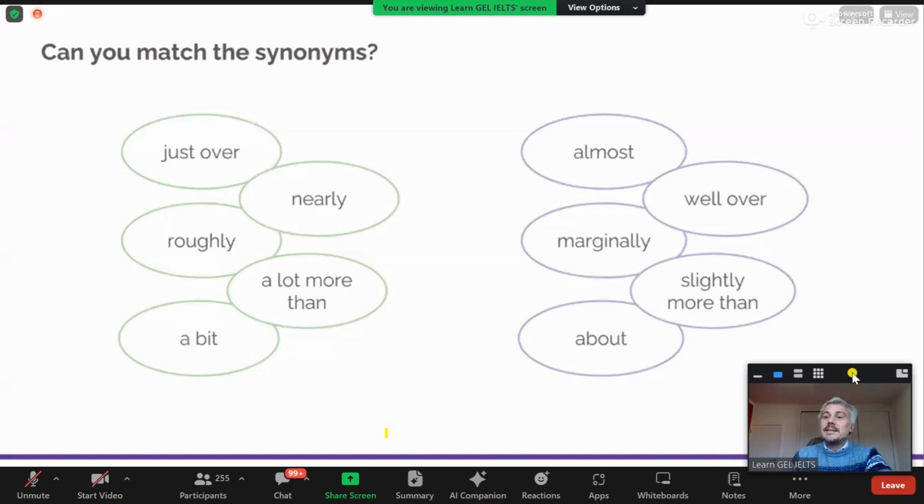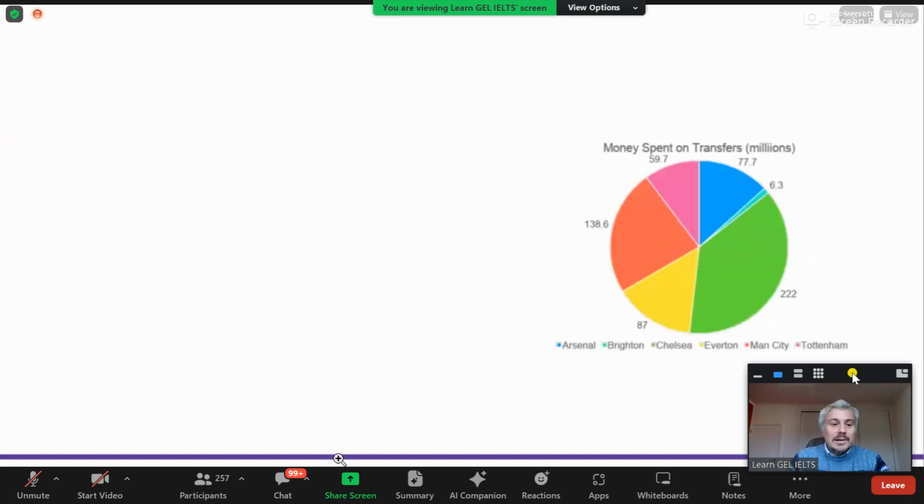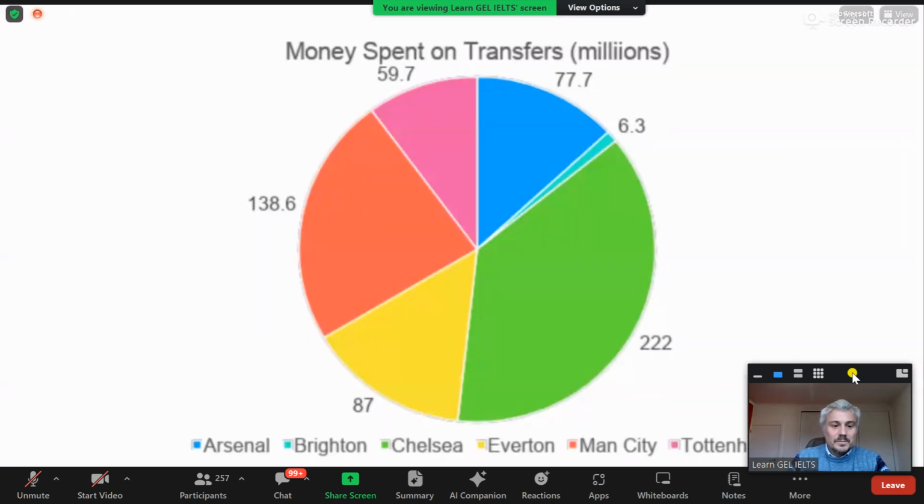Okay, let's practice our grammar and our vocabulary. Look at this pie chart, everybody. It shows us how much money different football teams spent buying new football players. And the different colours represent the different football teams. The numbers are the amount of money in millions.